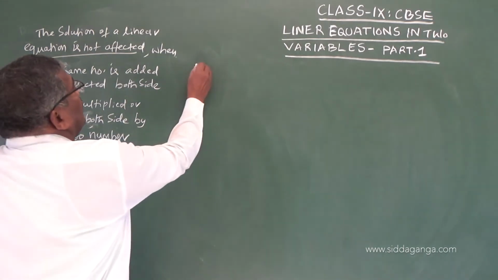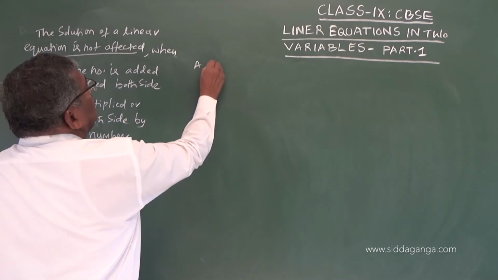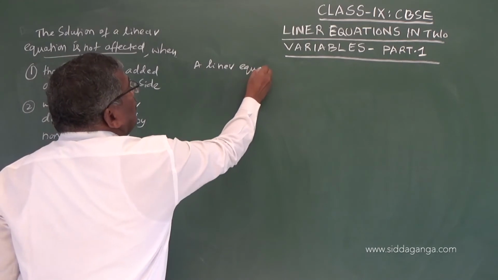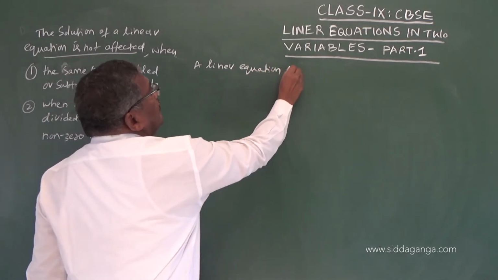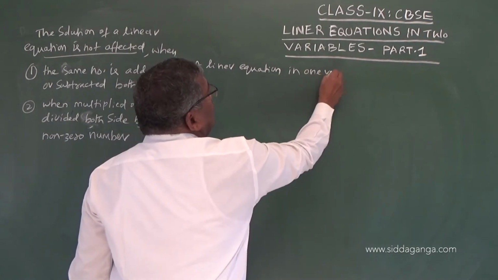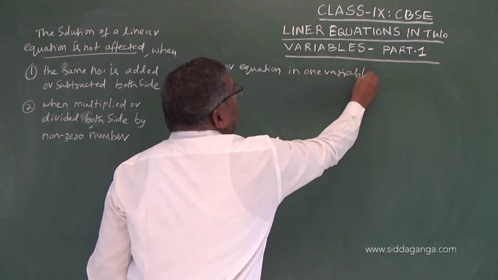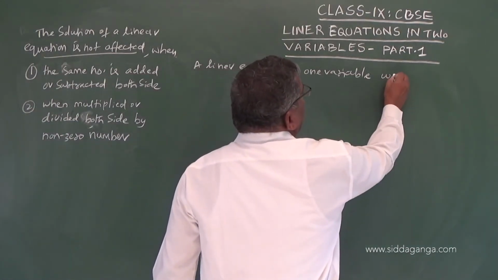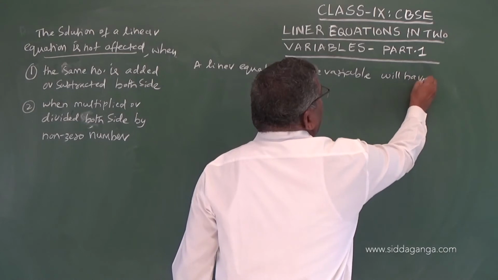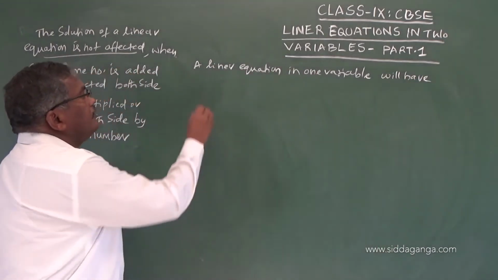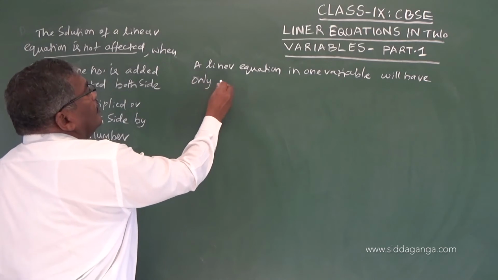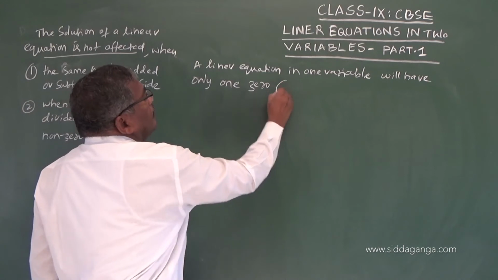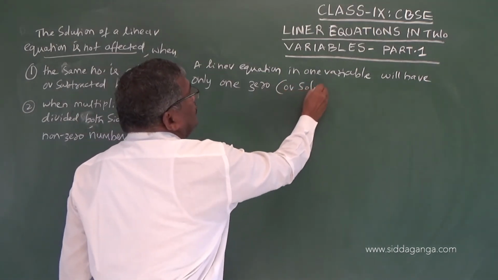So, a linear equation in one variable will have only one zero or solution.